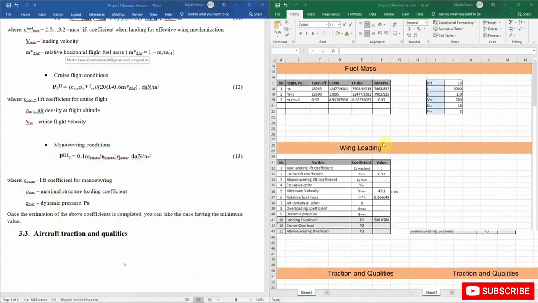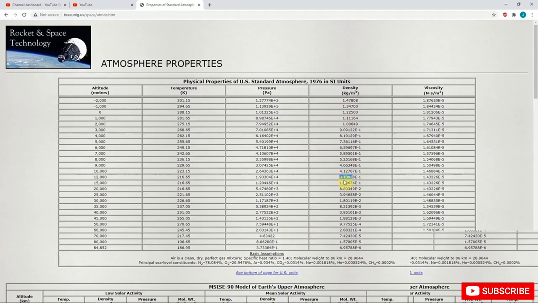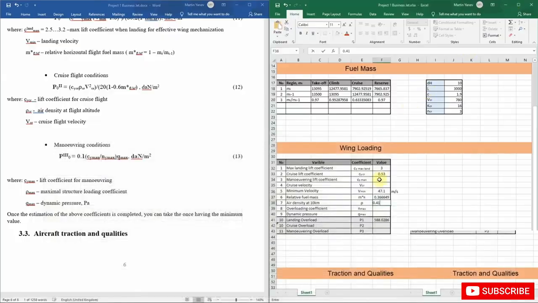I will actually write it a little bit lower, because our aircraft is going to fly between 10 and 12,000 meters. So instead of 0.41, I'll write 0.31, in order to really have the maximum loading condition.